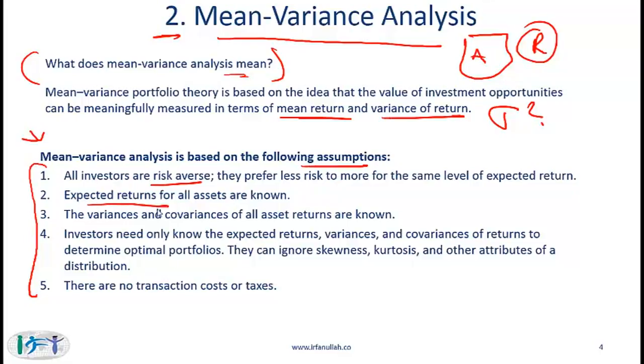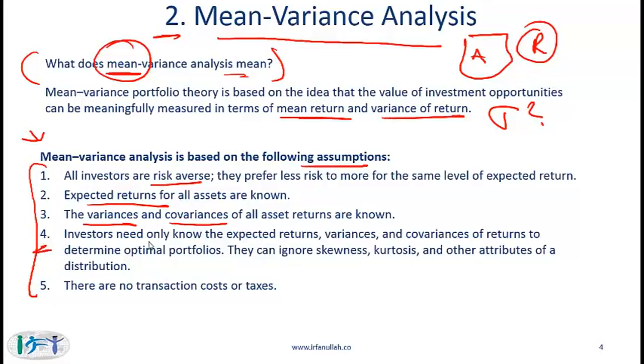Assumption number 2, expected returns for all assets are known. Since this analysis is based on mean and variance, this is the mean return that we are talking about. So we are assuming that for all assets that we are analyzing, the mean return is known. Similarly, the variances are known, and the covariances between assets are also known.